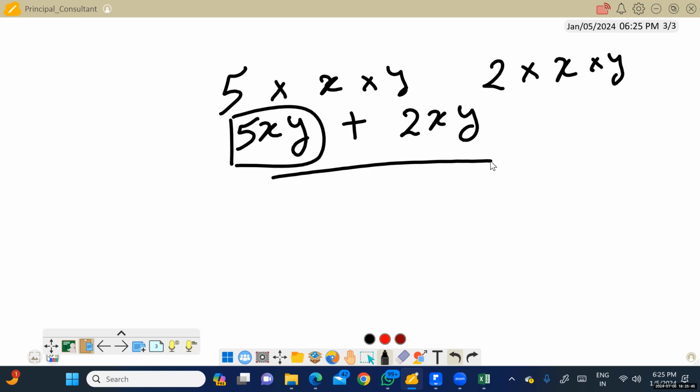If I add these two, you must have learned, this becomes 7xy. This becomes a term, this becomes a term, both together become an expression. Then let's see further how we factorize them.